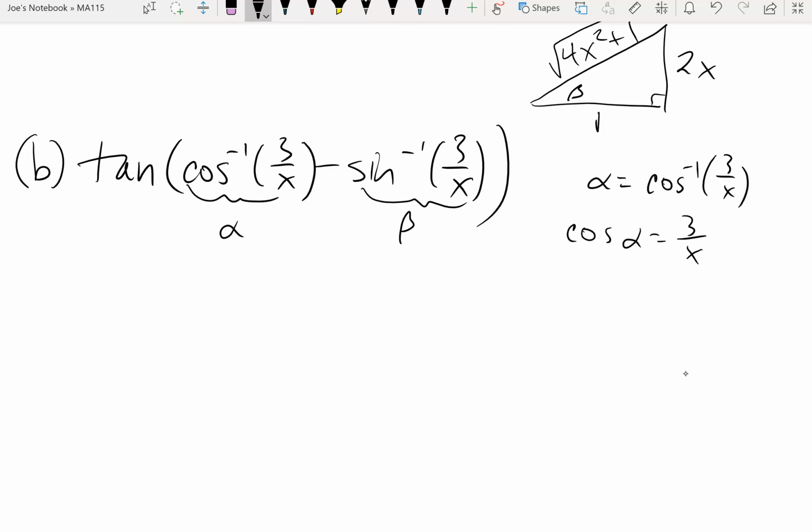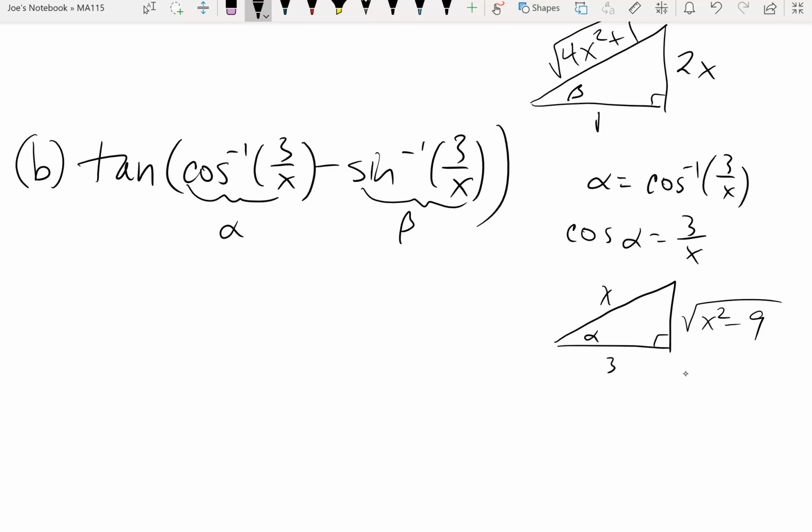Good. So if we draw a triangle again, what sides of the triangle can we label? Close to the same thing as the sine, yeah.